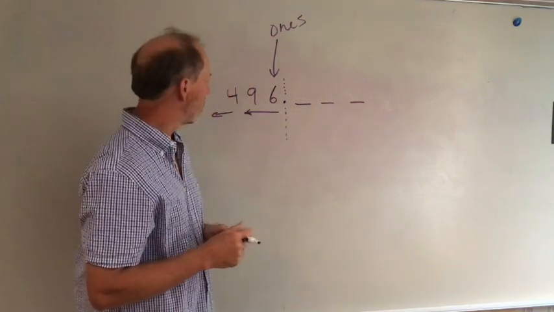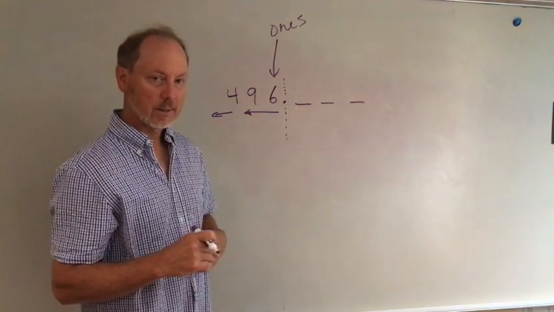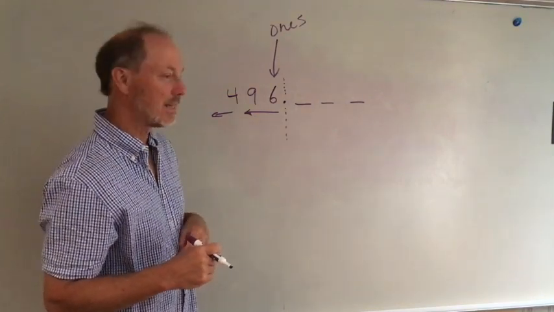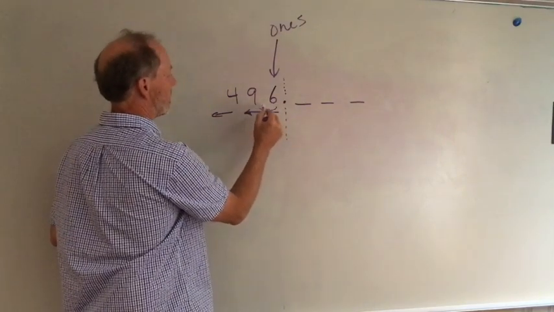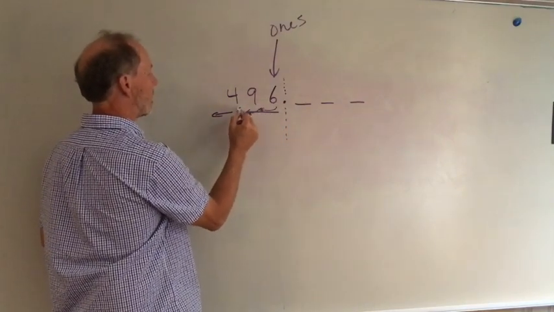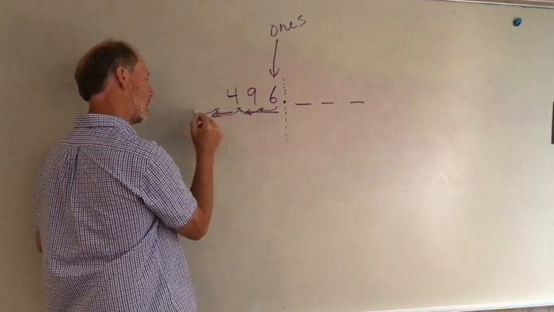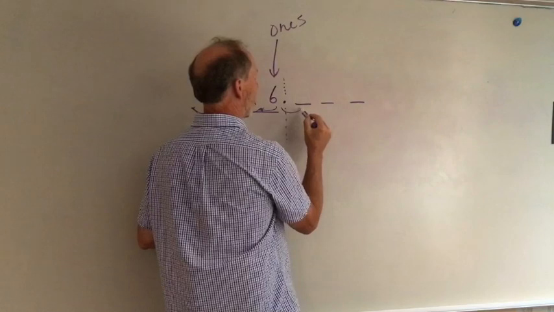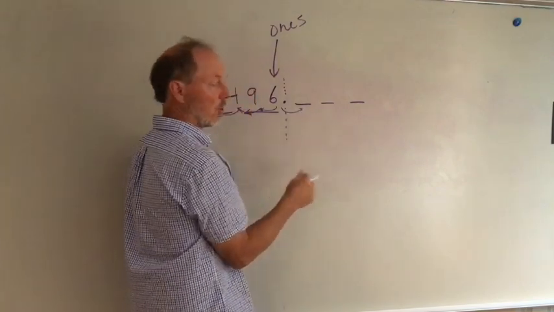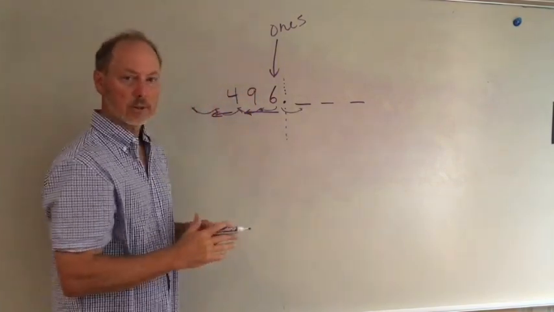Now, since our numbers work in groups of 10, that means that as we move this way, these places are always 10 times bigger, 10 times bigger, 10 times bigger, 10 times bigger. And this way, it's always 10 times smaller, or 1/10 as much.